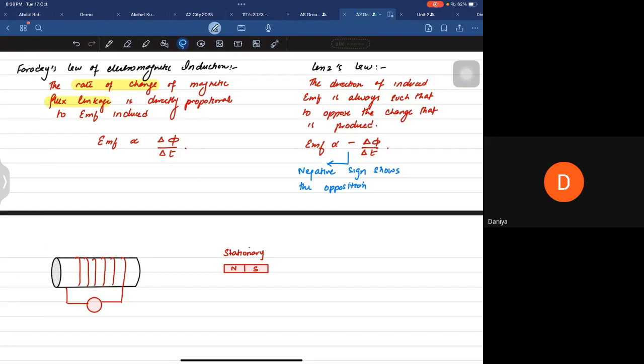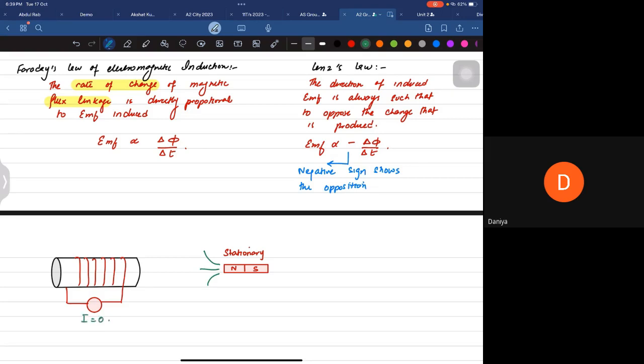So, first of all, you guys need to understand that if you look at the magnet, it's very far and its magnetic field is barely reaching the solenoid. So there's little or no flux there. Do you guys understand that? And because there is little or no flux, there will be no current seen in this one.